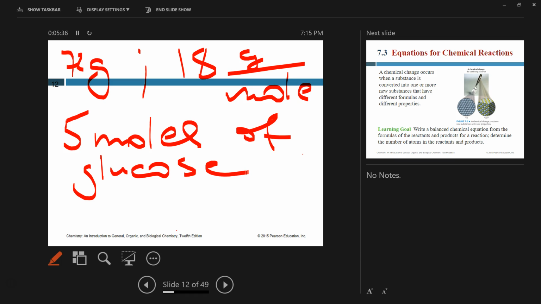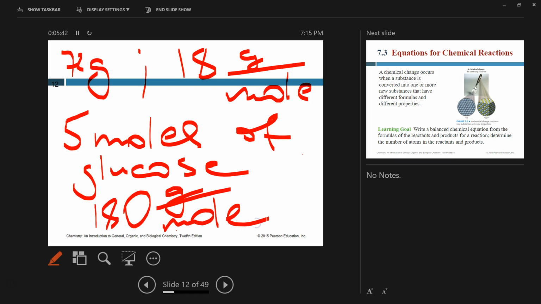Molar mass is 180 grams per mole. So, 900 grams. Does that make sense to you? Yeah. You got it? Yeah. So those are pretty straightforward calculations.